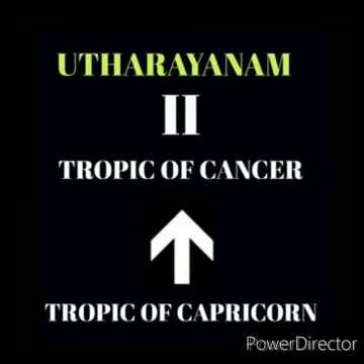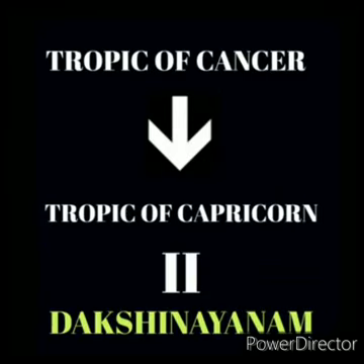longer duration of day. Sun sets its southward apparent movement from Tropic of Cancer on June 21st to the Tropic of Capricorn and reaches on 22nd December.